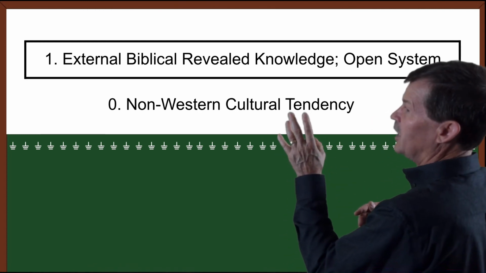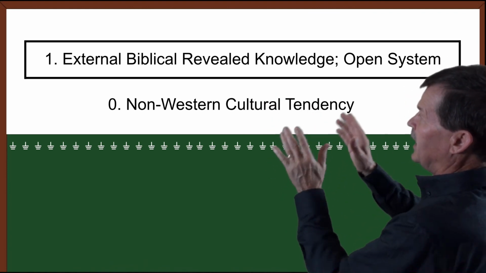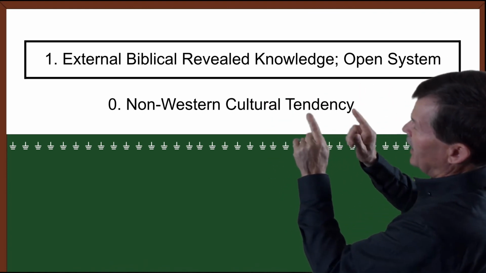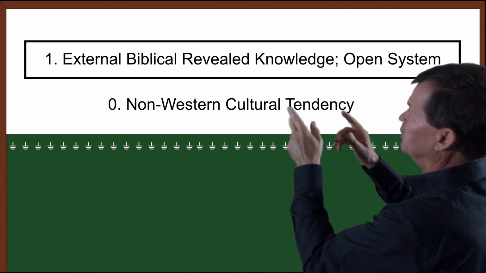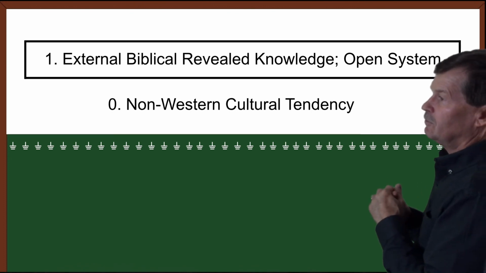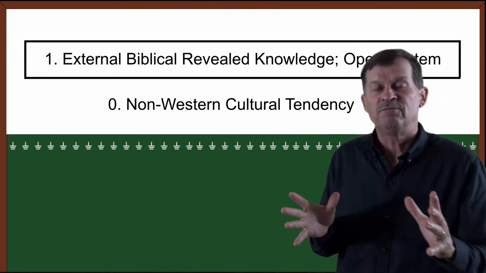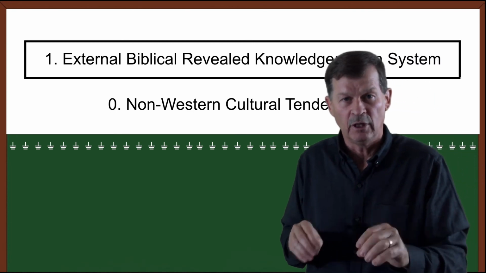So this is an external locus of authority. It is revealed knowledge, and specifically biblical revealed knowledge in an open system based on the non-Western cultural tendency. That is the foundation of what we are building on this house.